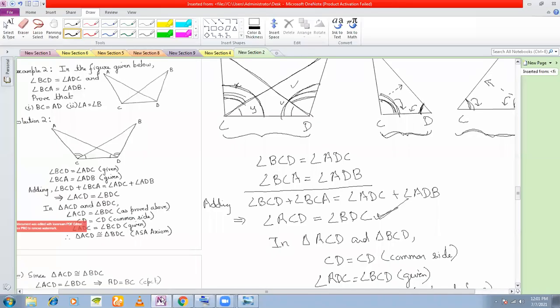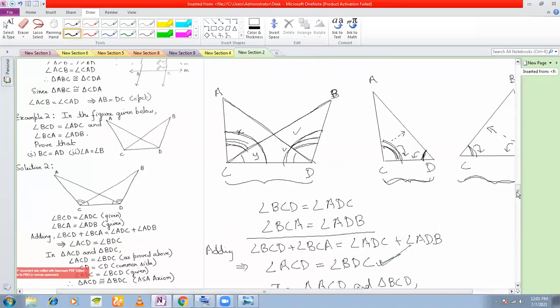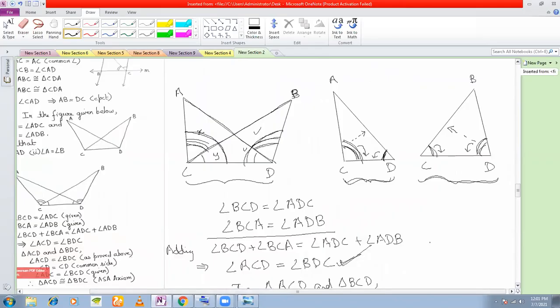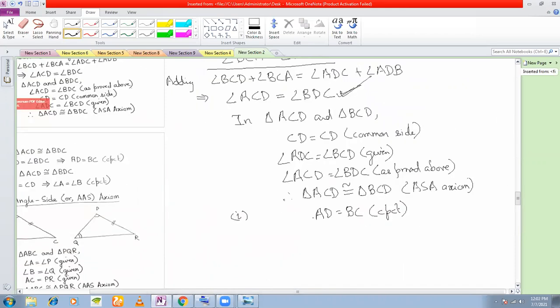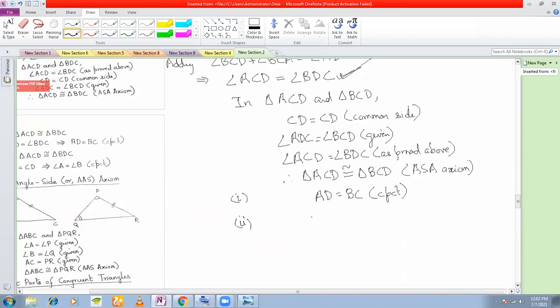You need to show angle A is equal to angle B. Yes, because opposite to this CD is this angle, opposite to this CD is this angle. So therefore angle A must be equal to angle B. This is also by CPCT. And hence that is your proof.